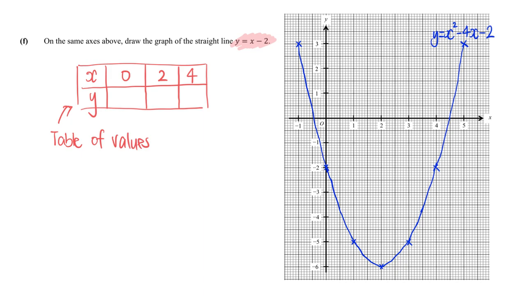And when x is 0, my y will be equal to 0 minus 2, negative 2. This will be 0 and this will be 2. And I'm going to plot the points now. 0, negative 2. It will correspond to x is 0 here. When x is 2, y is 0. When x is 4, y is 2.